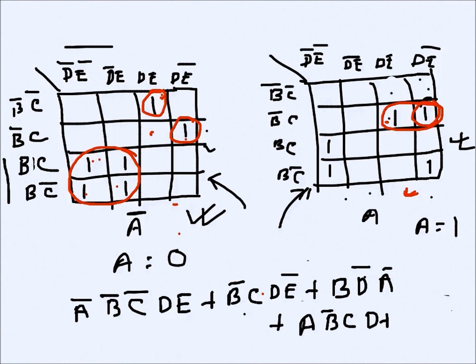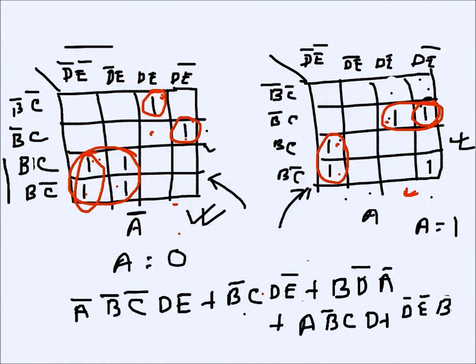Okay, let's look at these two first. These two can go with this one because it's common here. So the expression will have no A again, so it will be just D bar E bar, sorry, and here it will have just B, no A and no C bar because C bar is also changing.